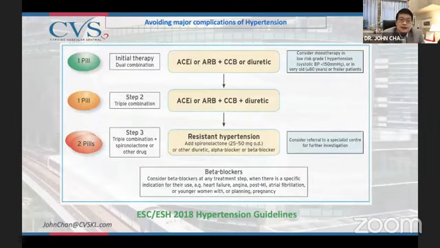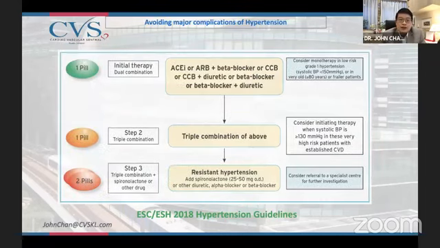And various classes of antihypertensives are available. The guidelines do suggest that as a first line, an ACE inhibitor or an ARB combined with either a calcium channel blocker or a diuretic are the best options to pick. And if they're still resistant hypertension, then you can add in a spironolactone or a beta blocker or other diuretics.